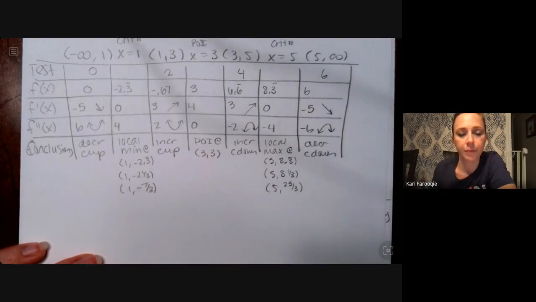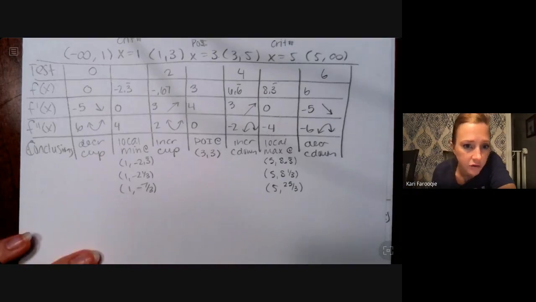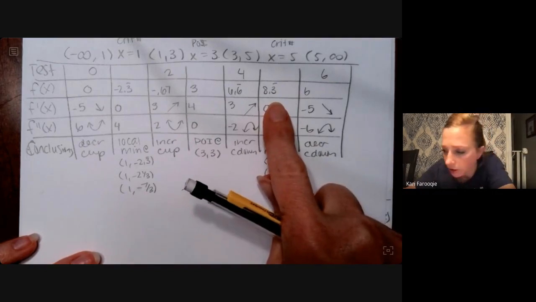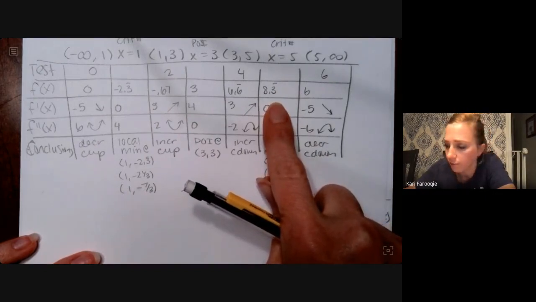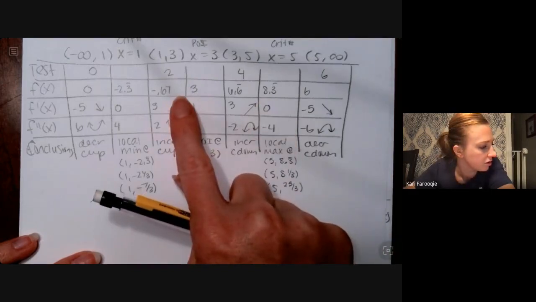All right, now I'm looking at my values. They're not as large as they were on the last graph. The highest value that I'm seeing here is occurring at 5, 8.3. And then my test value, the negative 0.67.